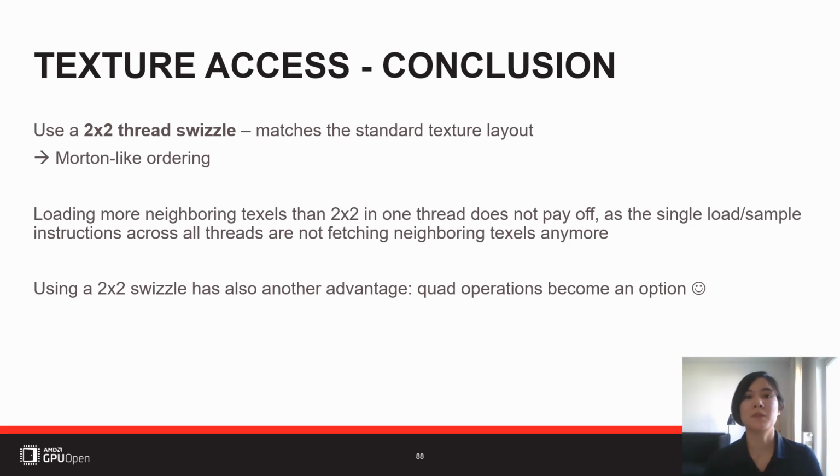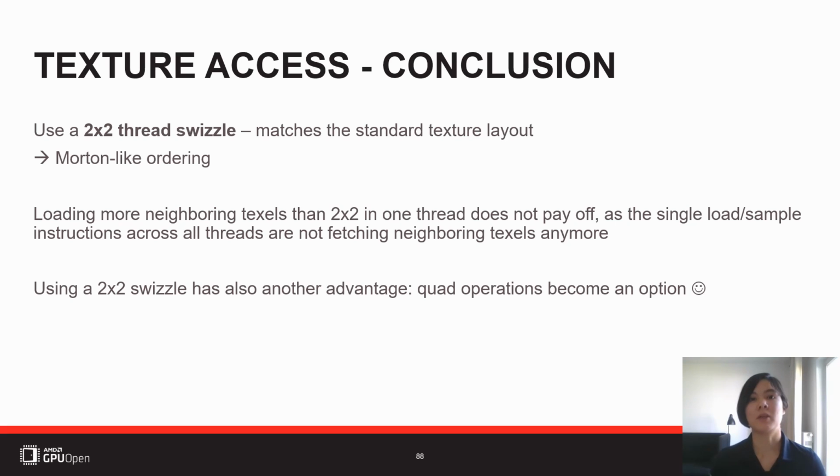As a result, it doesn't make sense to load more close-by data within a single thread than you can load with a single instruction. The 2x2 is still fine because you can use sample instructions with bilinear filter, and then it's just one instruction where you load all this data.